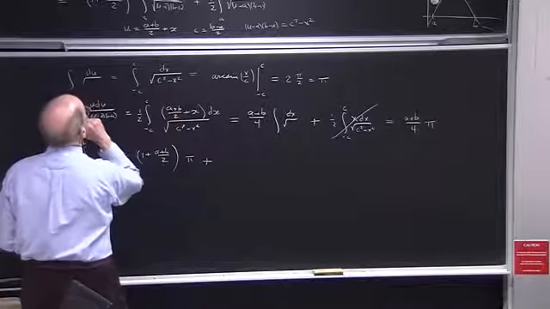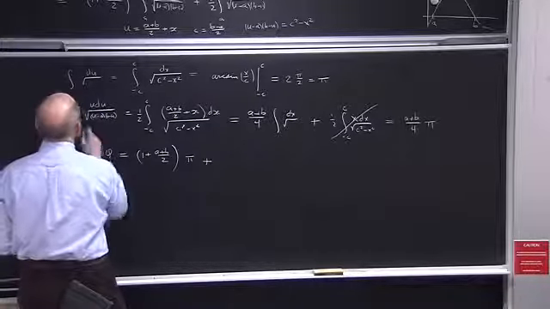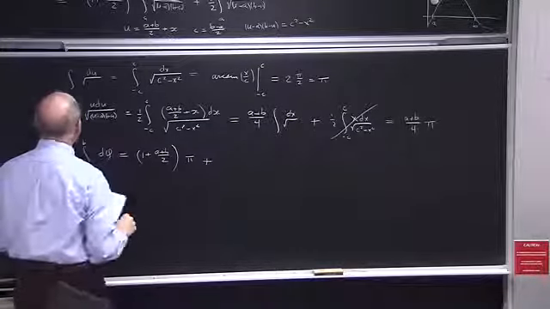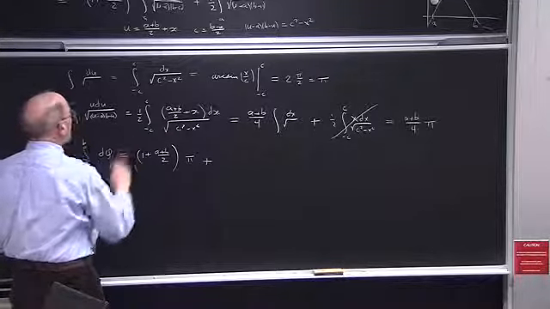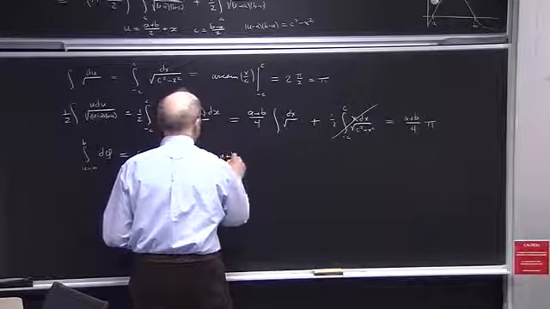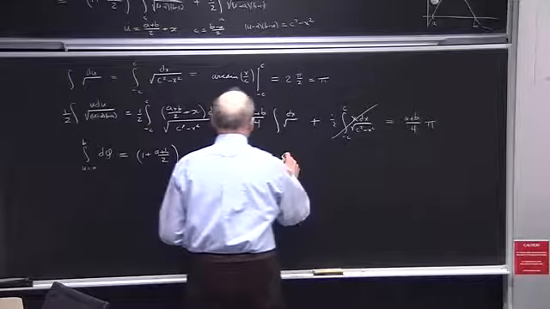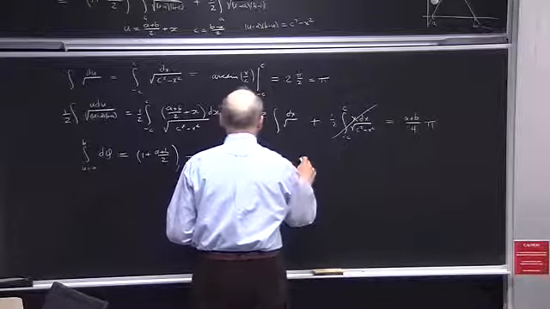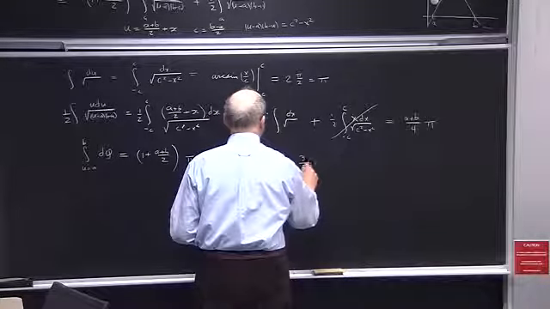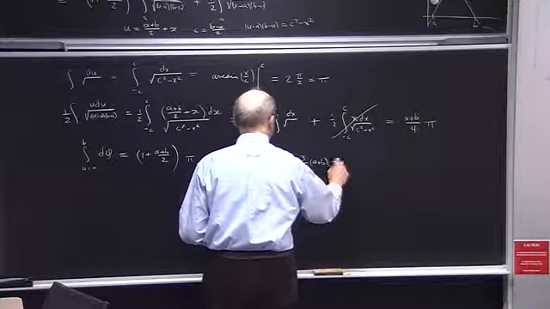I think I left out the half here. So plus whatever is left over there, which is (a plus b)/4 times pi. So it's equal to pi plus 3/4 (a plus b) times pi, I guess.